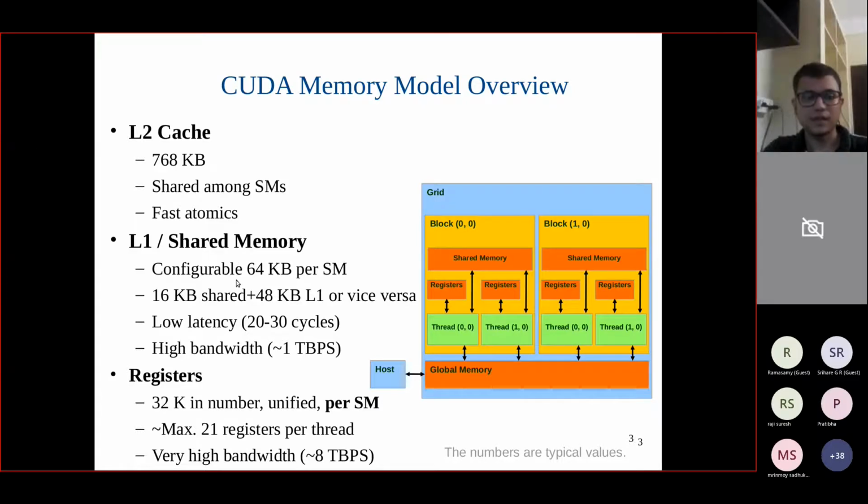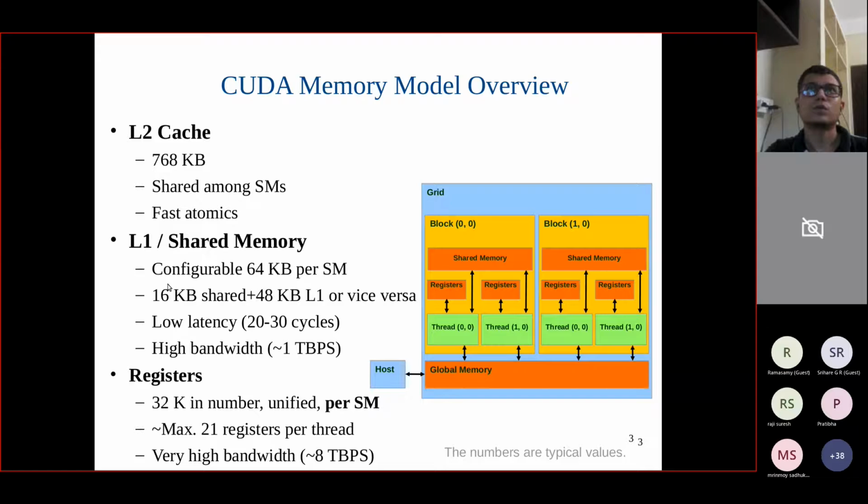The reason is that we can specify what we want. We can configure it in such a way that, out of the 64 KB, I want 16 KB for the shared memory and 48 KB for the L1 cache. So let us try to understand what is shared and L1. Shared memory is something controlled by the programmer.